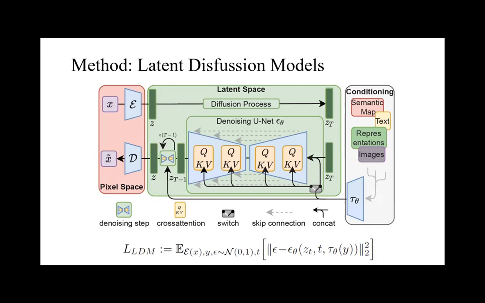So here we have the queries, the keys, and the values from the attention mechanism. And remember that I inject the embedded representation of my condition through the attention mechanism. And all the rest is, well, I perform these steps several times, to be precise, big T times.